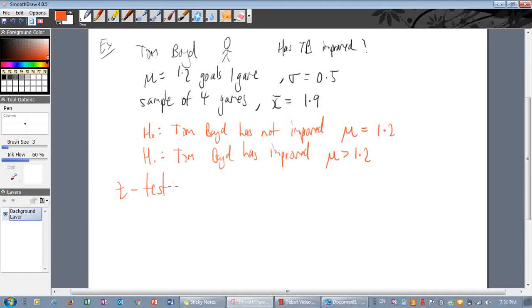What the z-test does is it looks at a p-value, and what this stands for is the probability value.